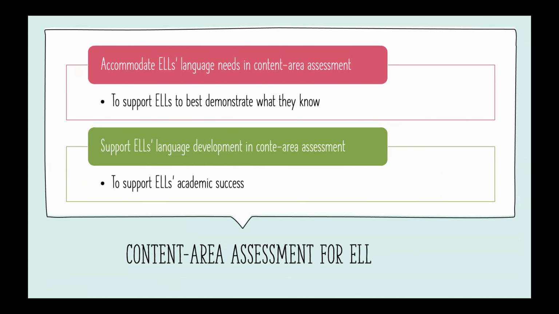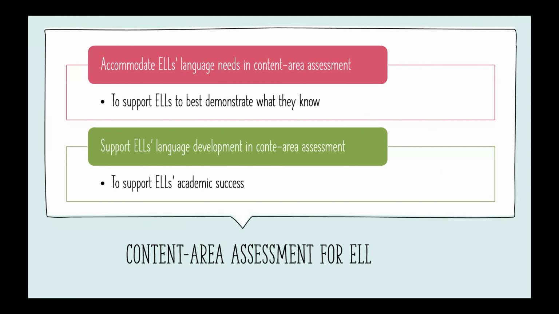In terms of content area assessment for English language learners, we have two major tasks or agendas. First, as we mentioned, we want to support our English language learners to best demonstrate what they know. So we need to accommodate English language learners' language needs in content area assessments, either in classroom assessments or in state assessments.